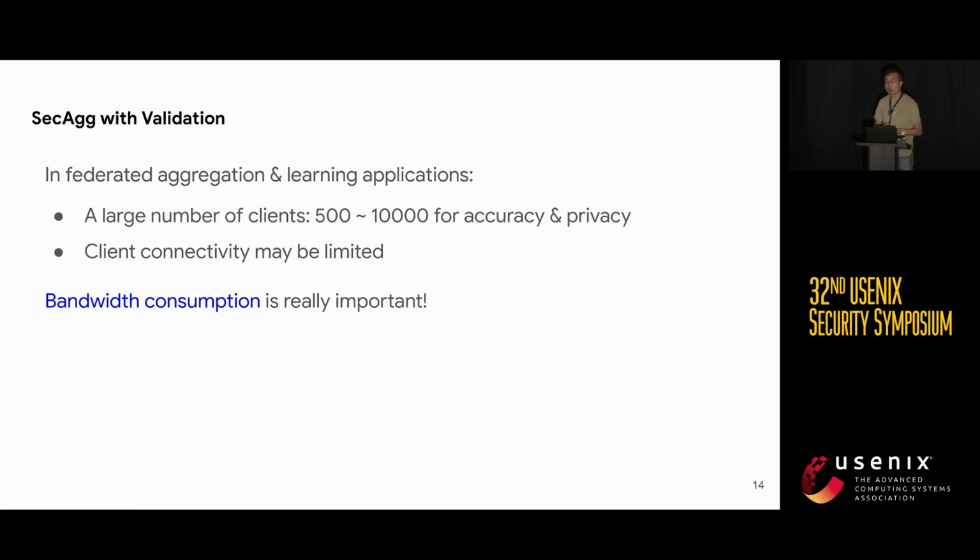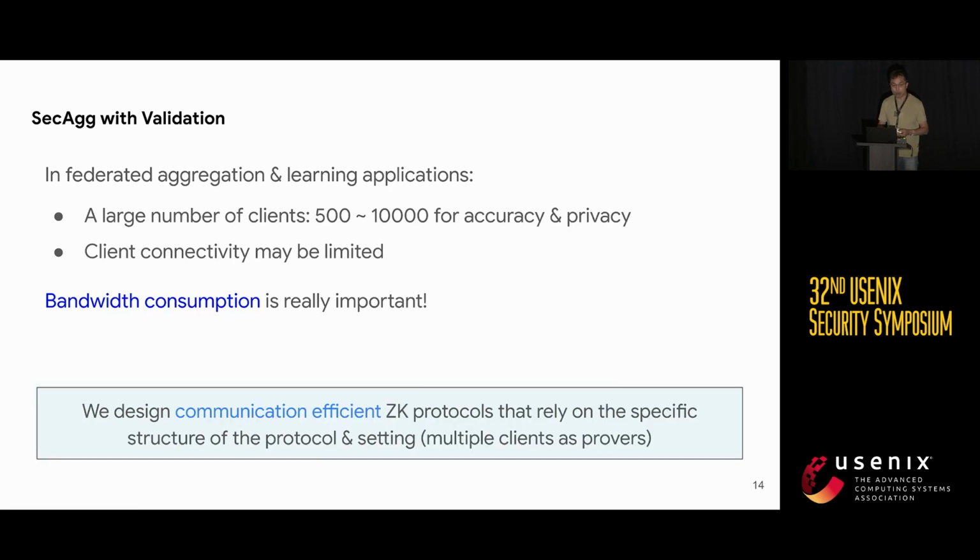Most likely, many of the clients could be mobile devices with very limited connectivity. So for us, the bandwidth consumption is really important, and we really want to keep the communication costs low. In our work, we design very communication-efficient zero-knowledge protocols by exploiting the specific structure of the protocol and the input.